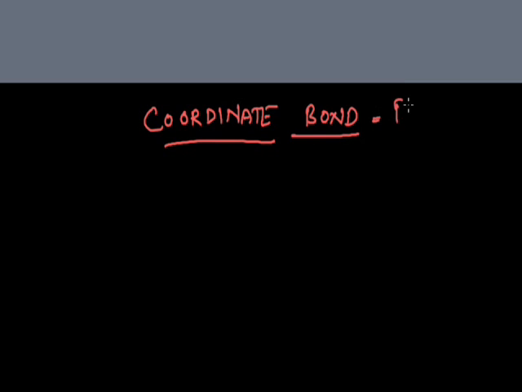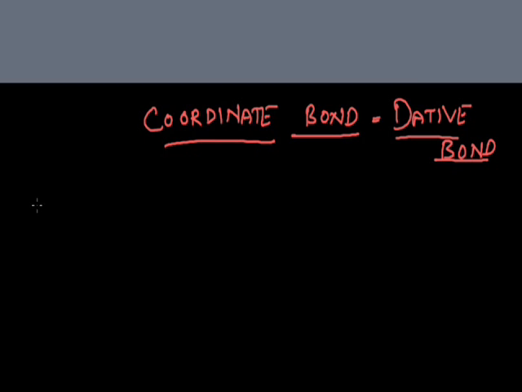Now we move on to the next type of bond, that is coordinate bond. It is also known as dative bond. This type of bond also involves mutual sharing of electrons. Then what is the difference between these two types of bonds, that is coordinate bond and covalent bond?